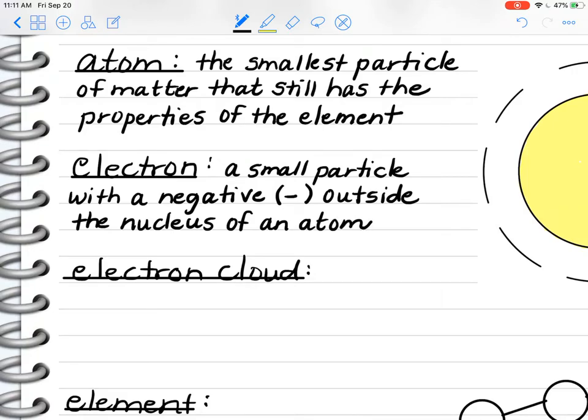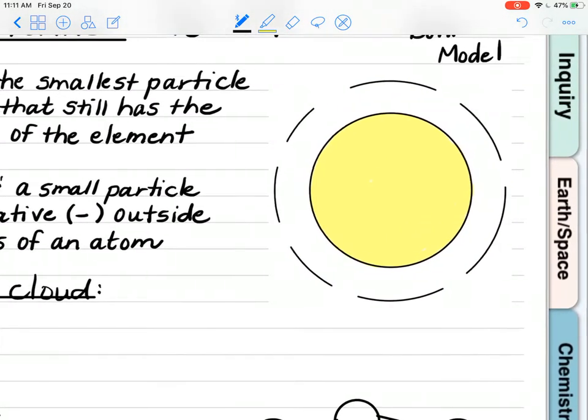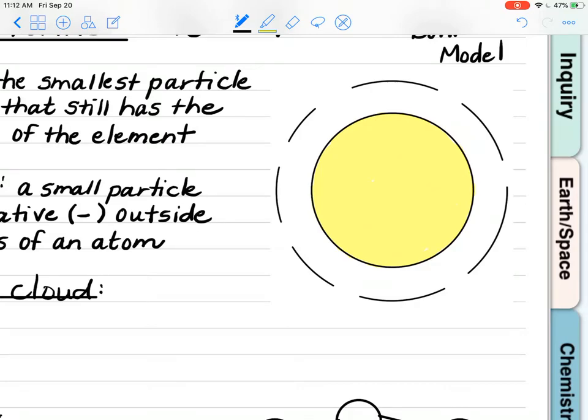Okay. So if I look at this model of an atom, this big yellow area is the core, that's the nucleus. I am going to put an electron right there. I'm actually going to put two. Let's draw two of them.